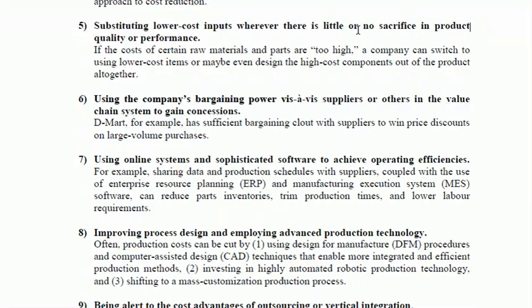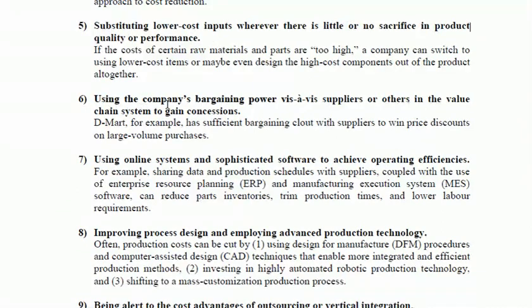Okay, if an input is costing 10 rupees, and that same quality you can get for 8 rupees from somewhere, then it is beneficial for the company. The 2 rupees reduction for every one product can help you to reduce the cost of the product, if there is no sacrifice in the quality or the performance of the product. Okay, then you can go with the lower cost inputs.